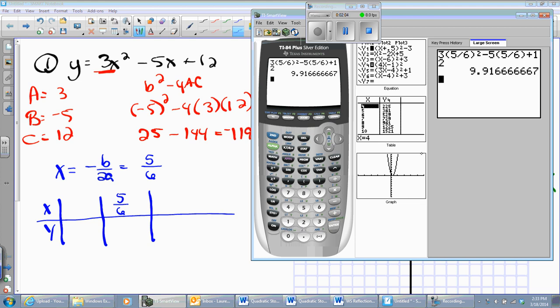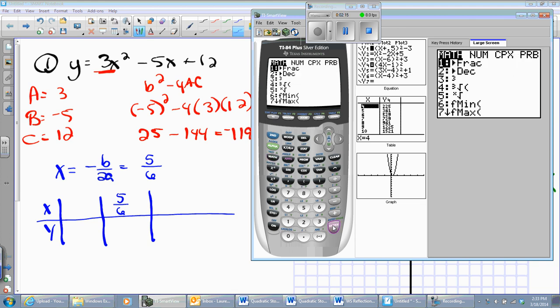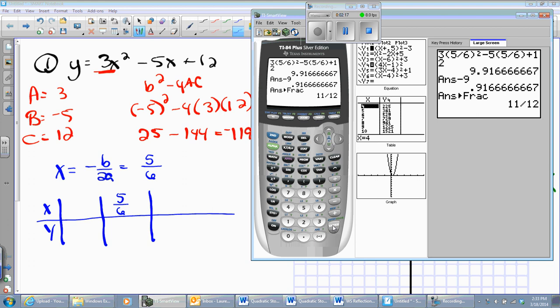All right, looks like it's going to be 9 something. I don't know what that is as a fraction. I'm going to subtract off the whole number, and then I'm going to go math, frac, and it looks like it's 11 twelfths. So my y-coordinate is going to be 9 and 11 twelfths. All right.